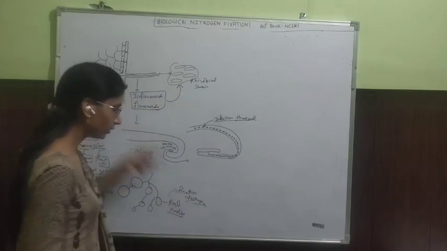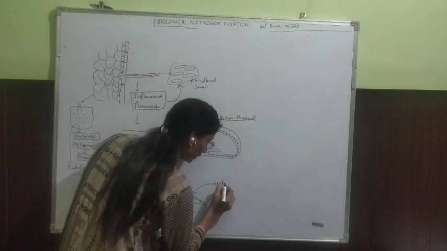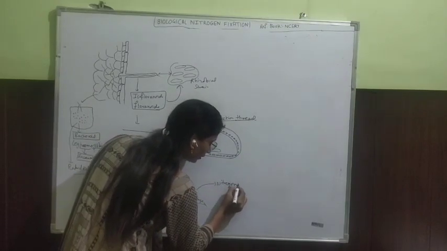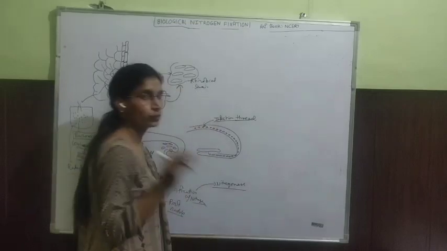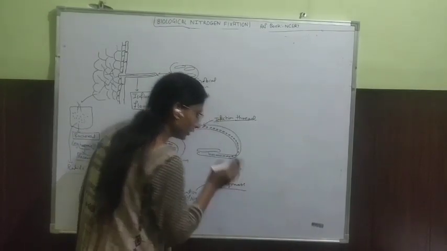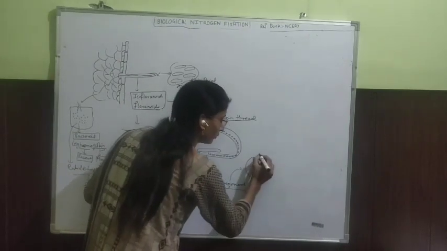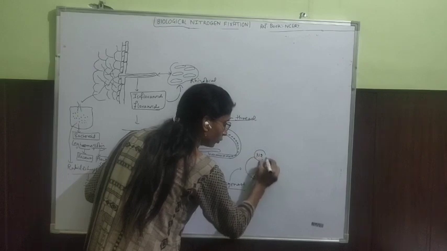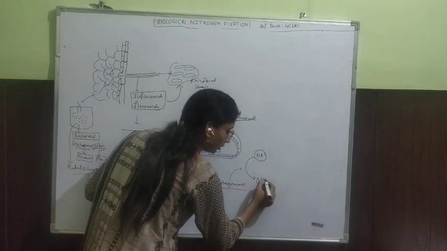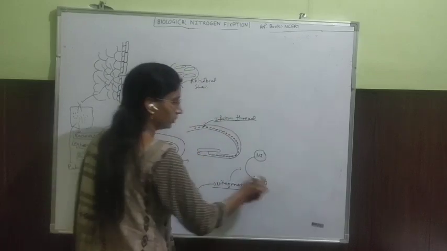But how? In the root nodule, in the rhizobial strain, there is one enzyme called nitrogenase, which is an oxygen sensitive enzyme. So when nitrogenase helps in fixation, what happens? It reduces 2 molecules of nitrogen into 2 molecules of ammonia.